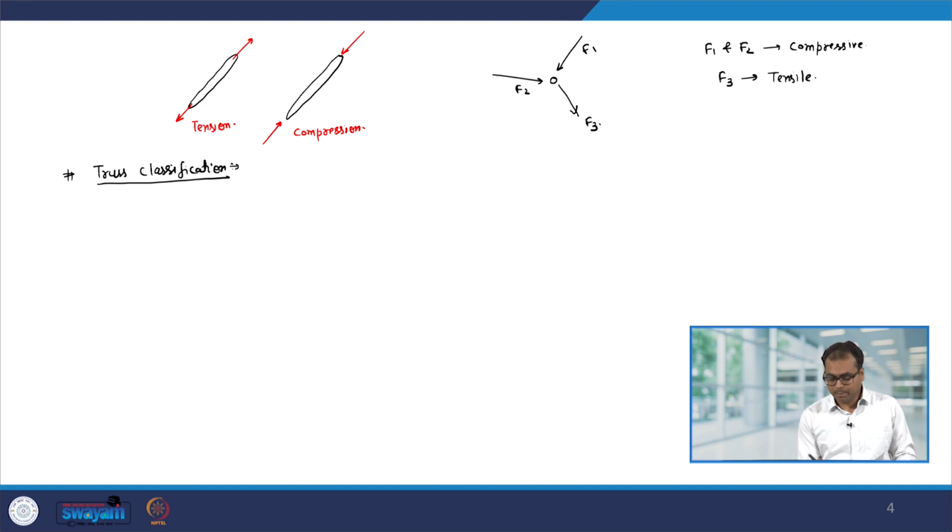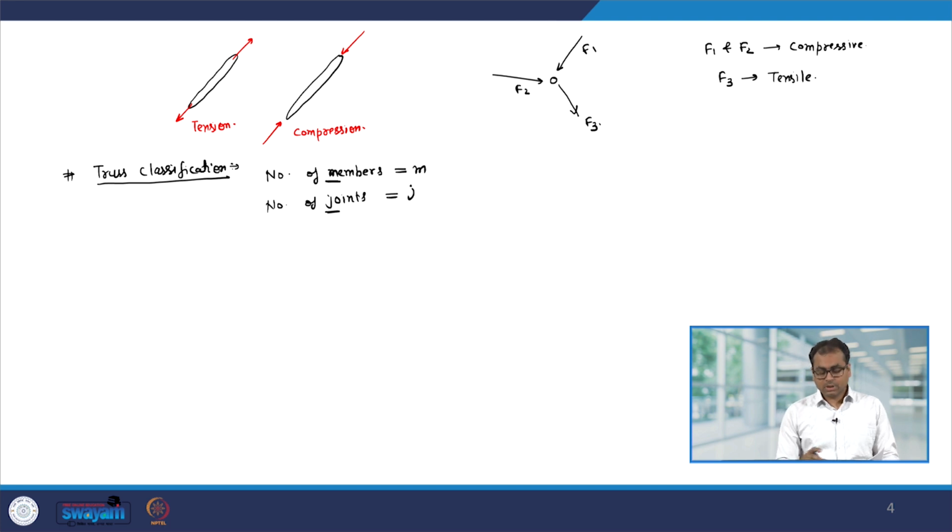Let us say the number of members is m, the number of joints is j, and suppose this truss is kept on some surface. Therefore, you will have reaction forces. Let us say there are some reactions R. Now, if m plus R is equal to 2j, in this case the truss is called a statically determinate truss.